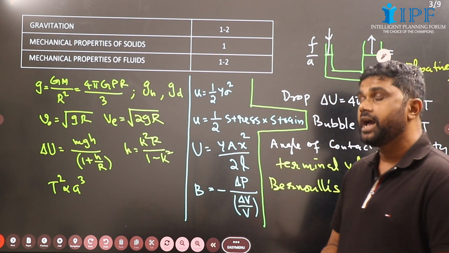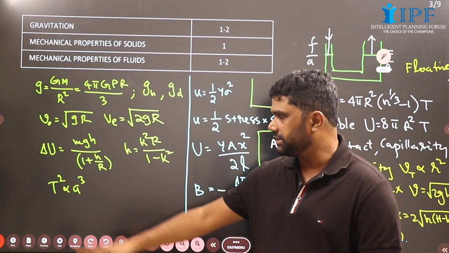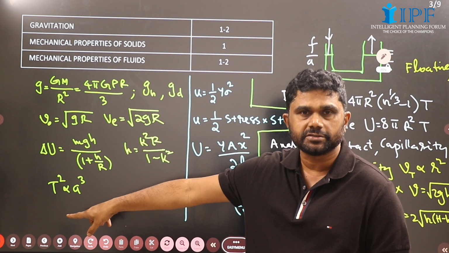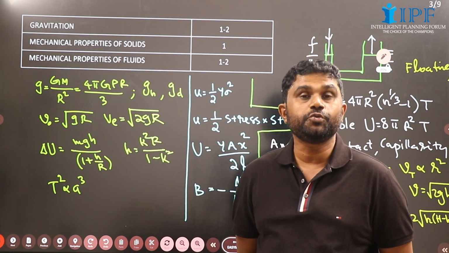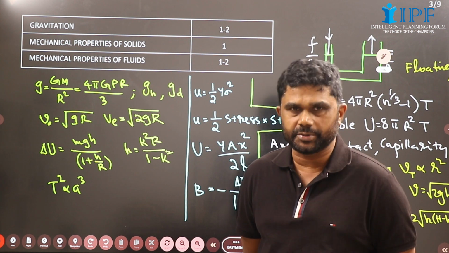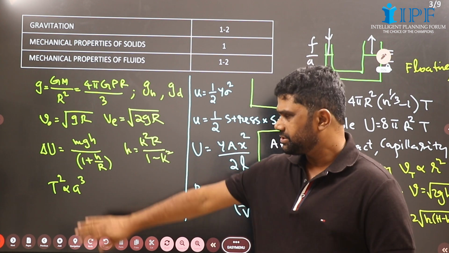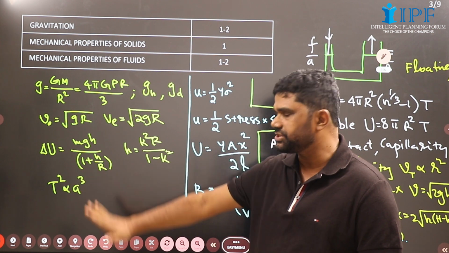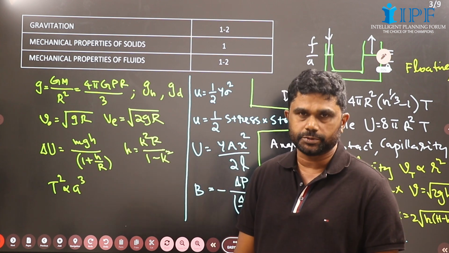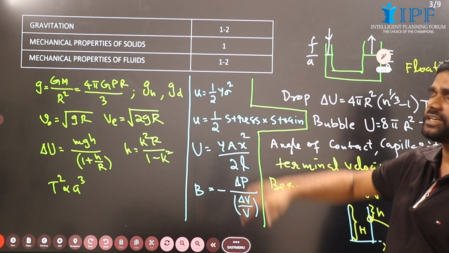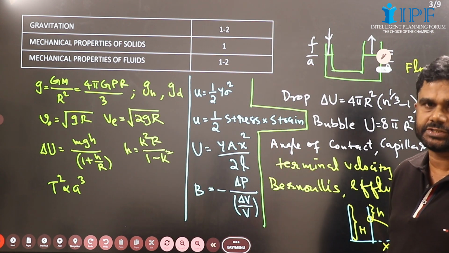The second thing, and maybe the most important thing, that is the square of the period of revolution of a planet is proportional to the cube of the semi-major axis of its elliptical orbit. Okay, and see, you can definitely expect a question using this one, T square proportional to a cube. Okay, and see, from gravitation you can expect always 1 or 2 questions.